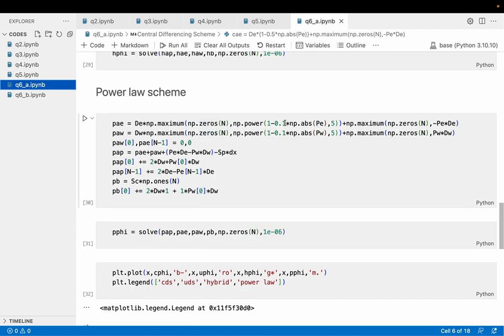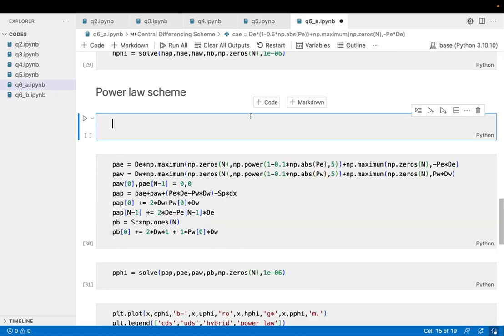So the idea is, if you take an approximation of this, we have 1 minus 0.1 times P whole power 5. This can be approximated as 1 minus 0.5 times the Peclet number if your Peclet number is small. So the second one is your hybrid scheme, and the first one is your power law scheme.